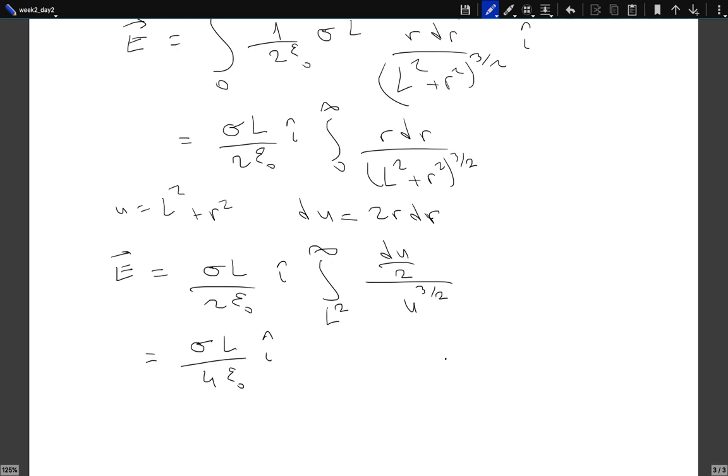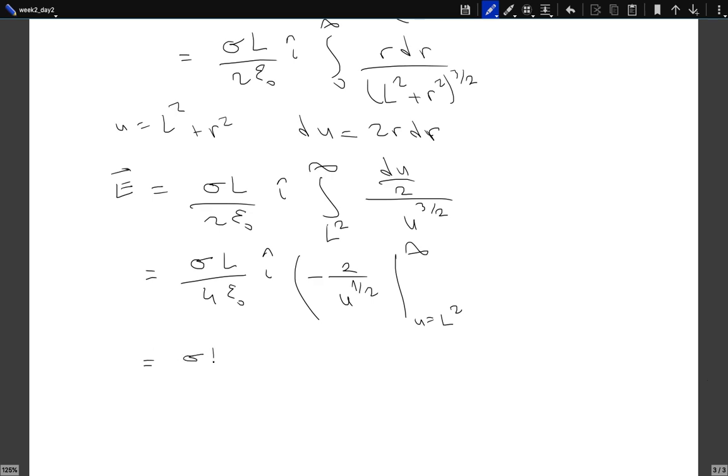I have the integral of 1 over u to the power 3/2, which is minus 2 over u to the power 1/2. If you take the derivative of this one, it just becomes minus 1 over u to the power 3/2, because you increase the 1/2 by 1, it becomes 3/2, but you also have a factor 1/2 that cancels this 2. And u goes from L squared up to infinity.